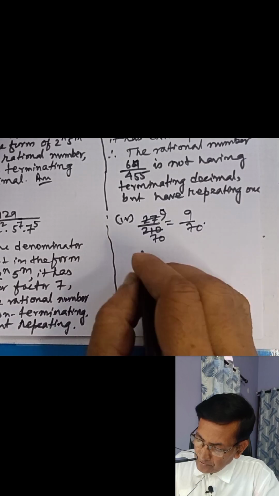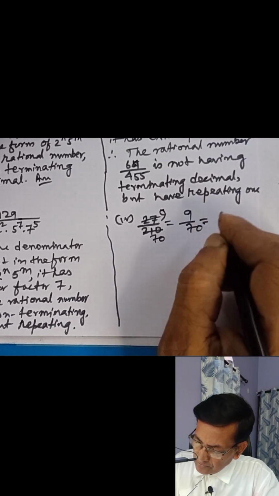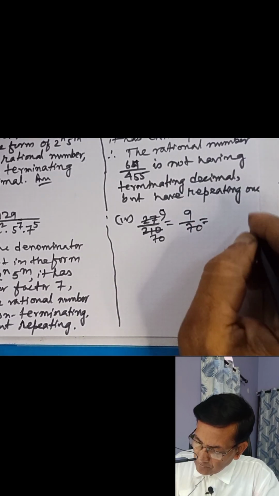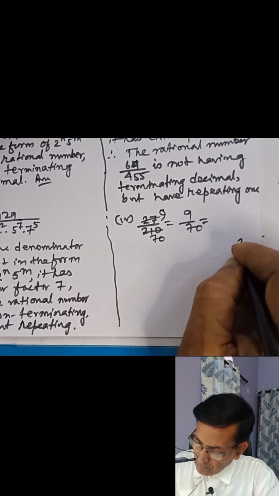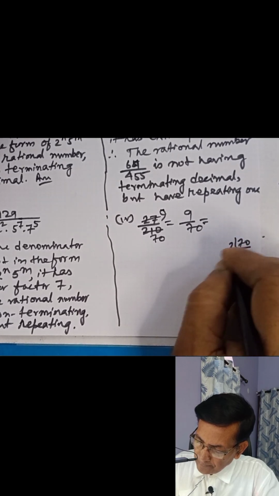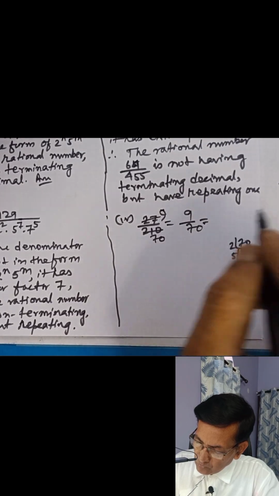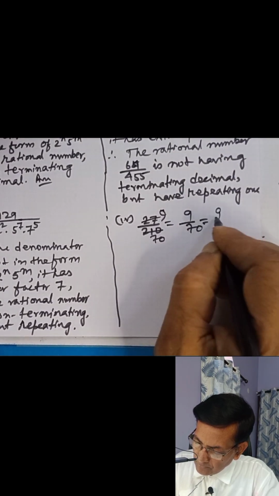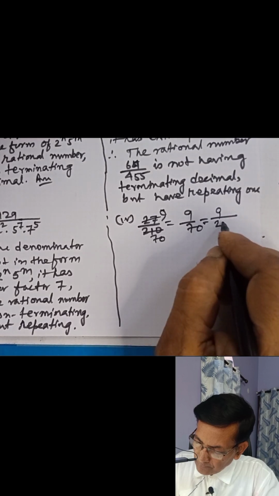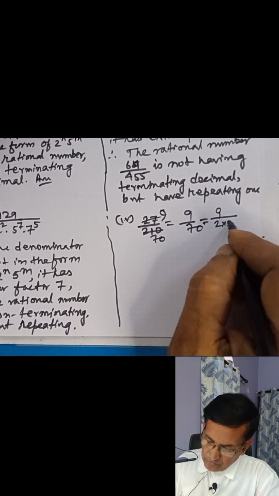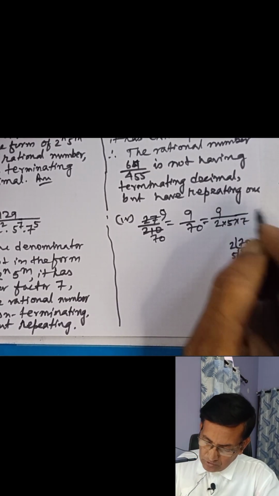If we factorize 70, so 9 by 2 into 5 into 7.